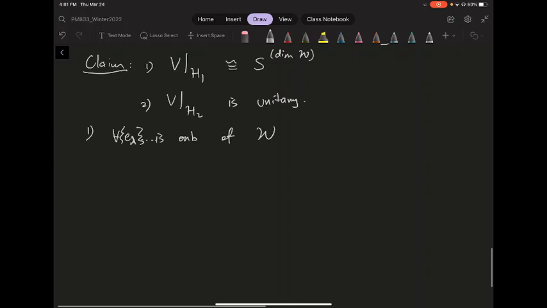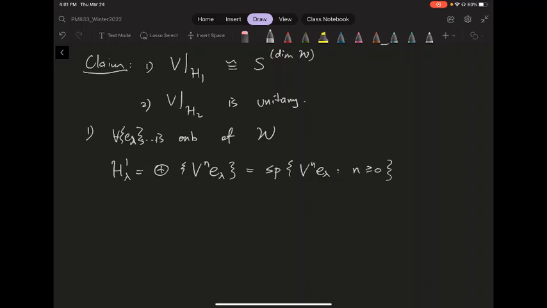If you consider H1 lambda to be the direct sum, or let me just write it as a direct sum for now, you basically take all the V to the power n of the vector E lambda. This is no other than the span of all the V^n E lambda, n greater than or equal to 0, and of course you close it up. So they are going to be pairwise orthogonal to each other as well.